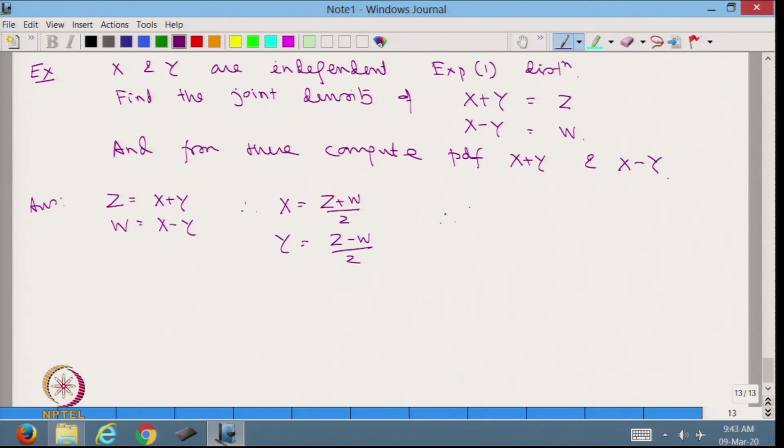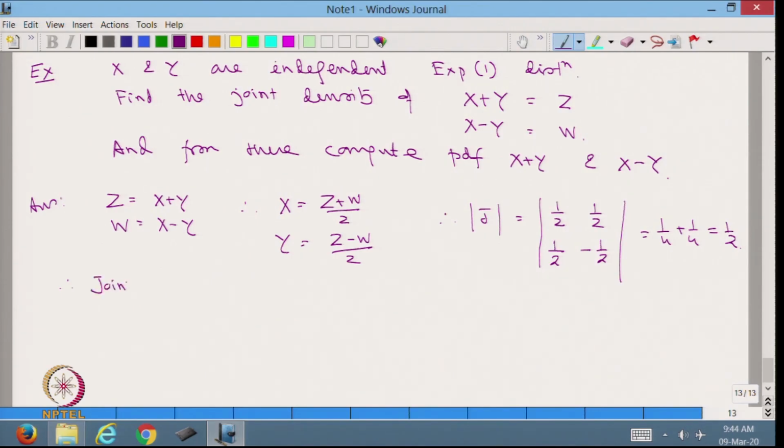Therefore, Jacobian is equal to del x del z, del x del w, del y del z, del y del w, which is equal to 1 by 4 plus 1 by 4 is equal to half.